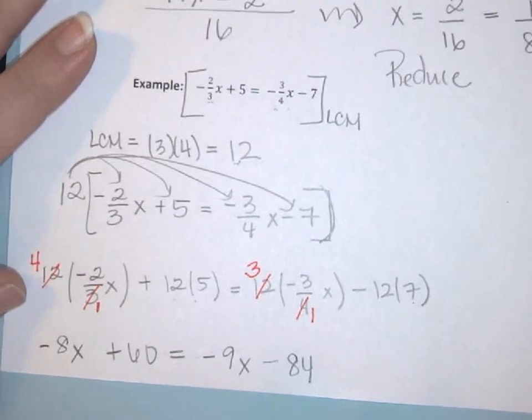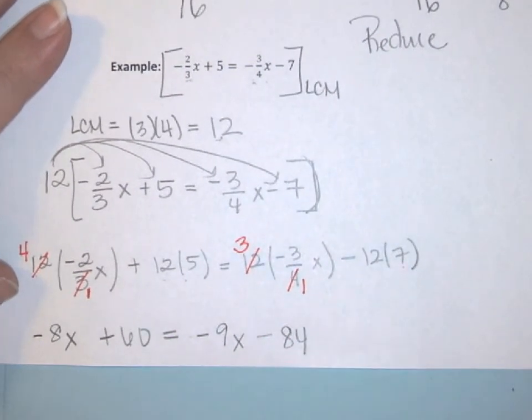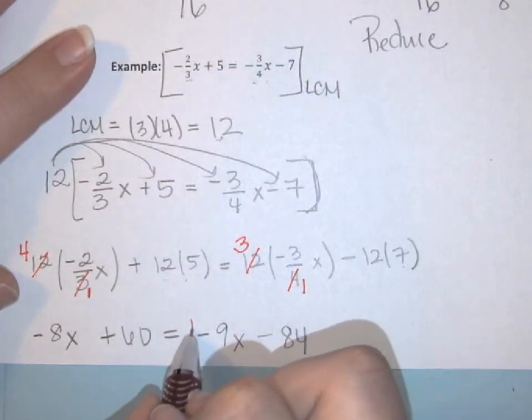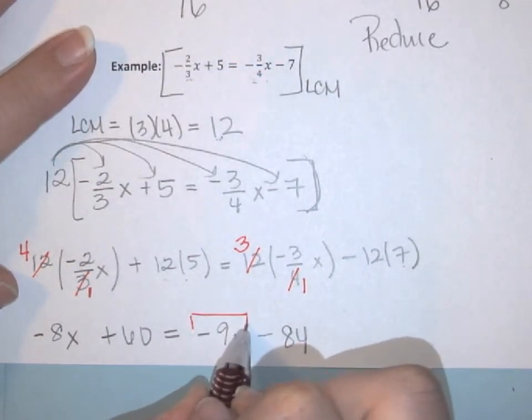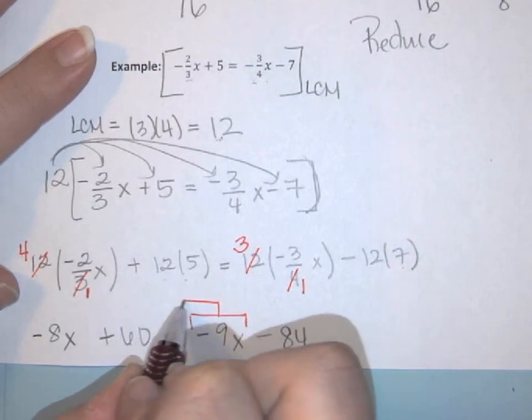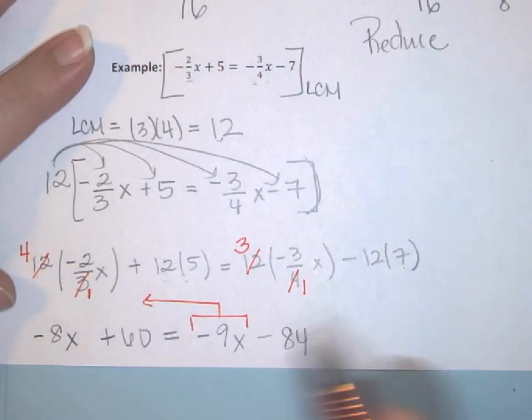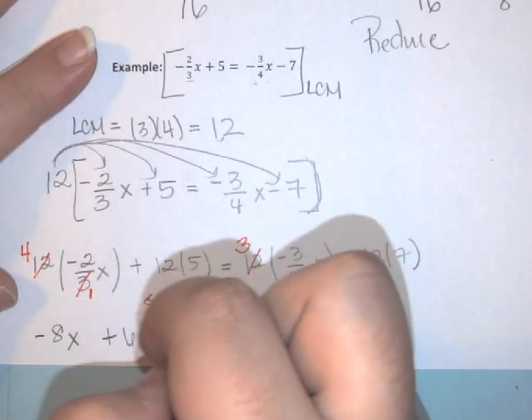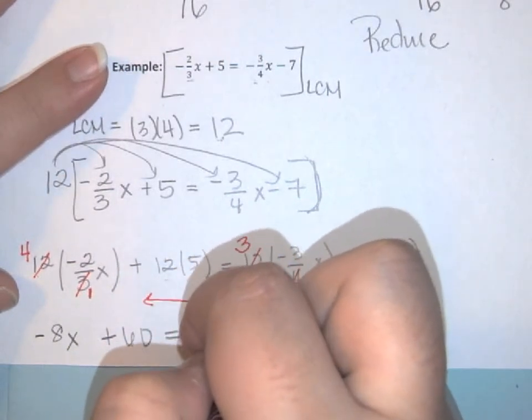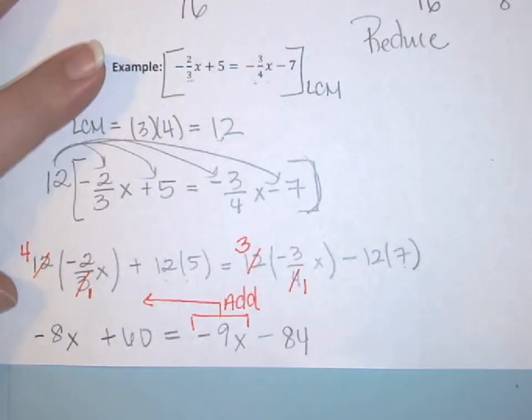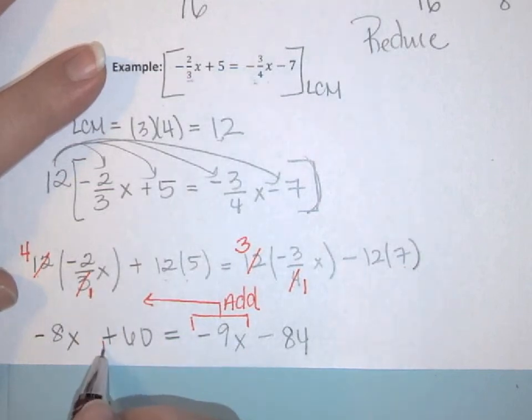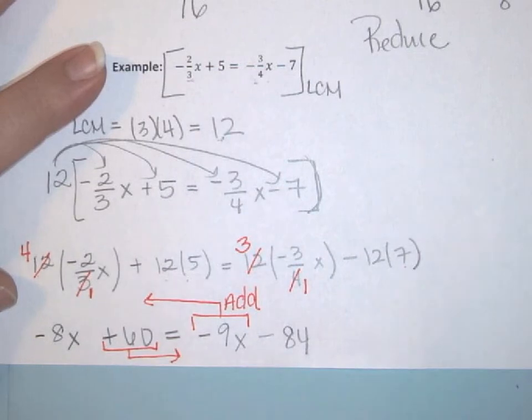Again, I have to decide which way I want to move, so I'm going to look very carefully. Since I would like my variables to be positive, I would take this 9x right here, and I would move it across the equal sign. Since it is negative, to move it I have to add. And since I'm going to move the x, that automatically means I have to move my constant going the other way.